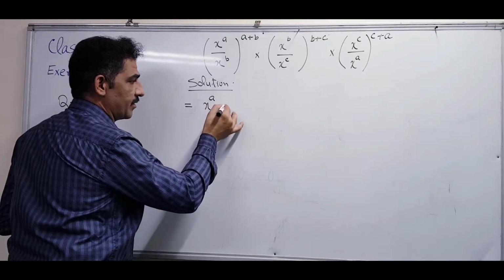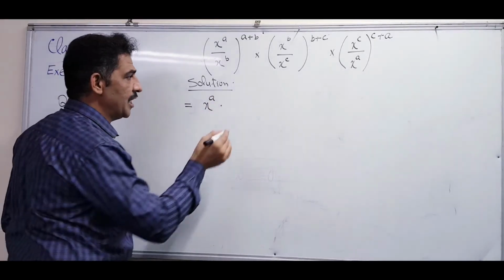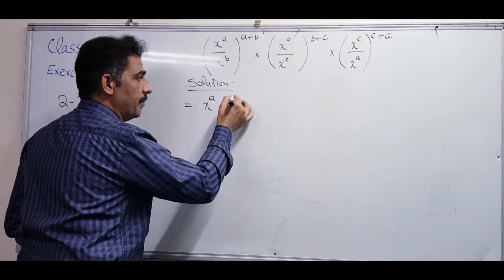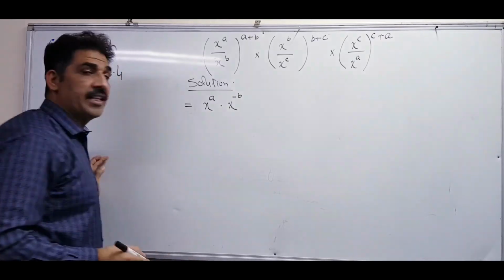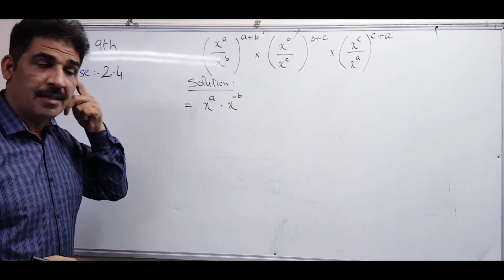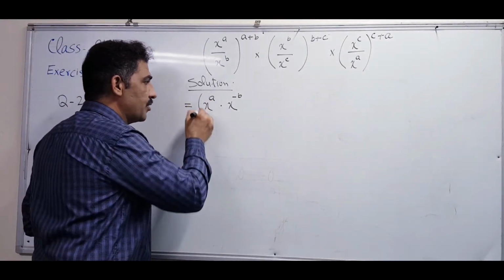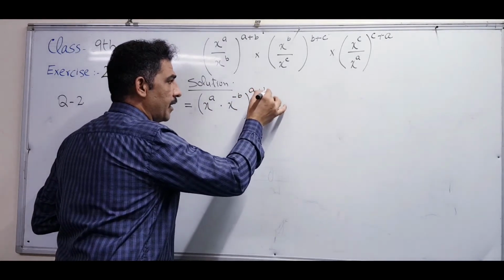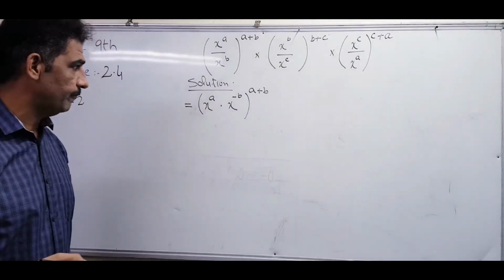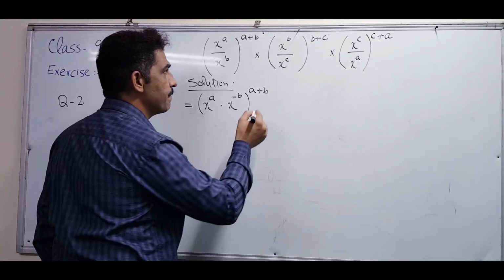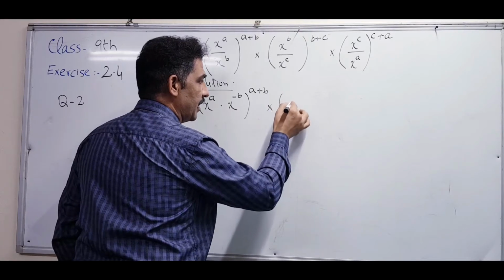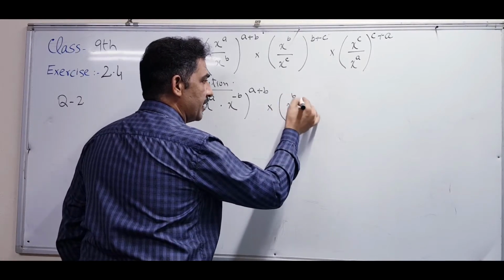This dot indicates the sign of multiplication, and this x, its power becomes minus b. So use the bracket and the same a plus b. Right? Multiplication sign again, x exponent b, same.